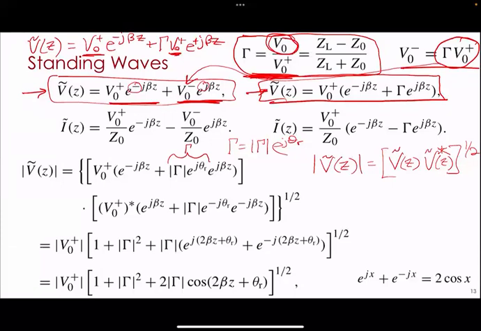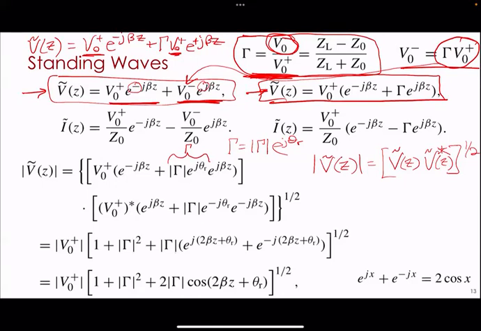And then we have the e to the j beta z. That covers this one. Now we need to multiply it by this thing's complex conjugate.